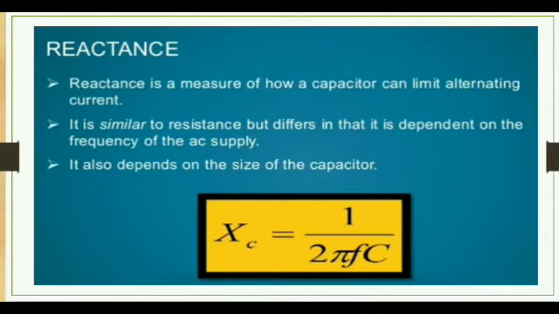So XC is equal to 1 by 2 pi FC, where F is the frequency and C is the capacitance. The capacitive reactance XC is equal to 1 divided by 2 pi FC, okay, students.